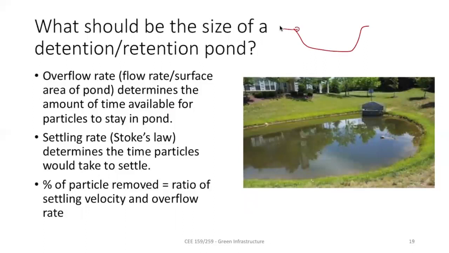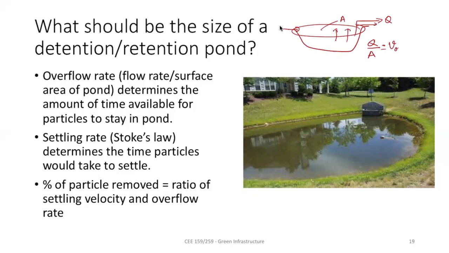If flow is coming in, all the stormwater overflowing the system is moving upward. So the overflow rate, or velocity of overflow, is the flow rate divided by the area.